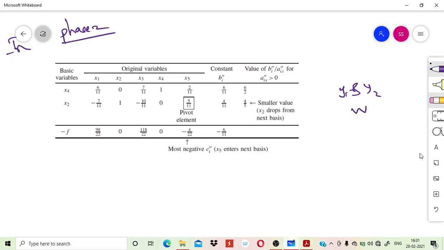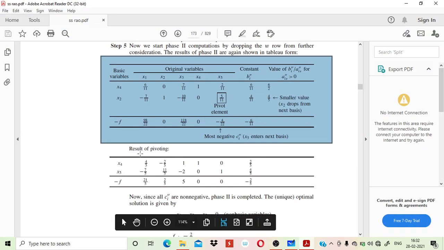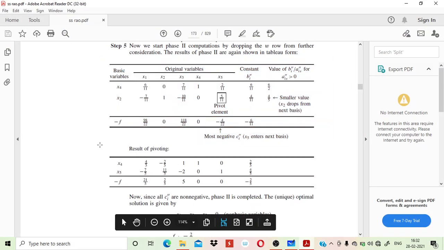This is our pivot element, or pivot position, and you have to make it unity, and make all other entries in that column 0 by suitable row operations. After doing all that, you will get this.